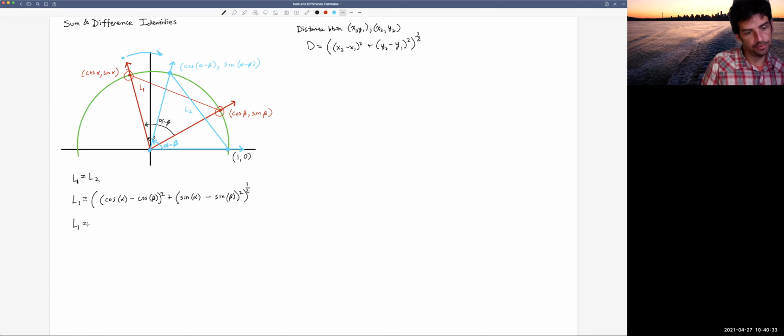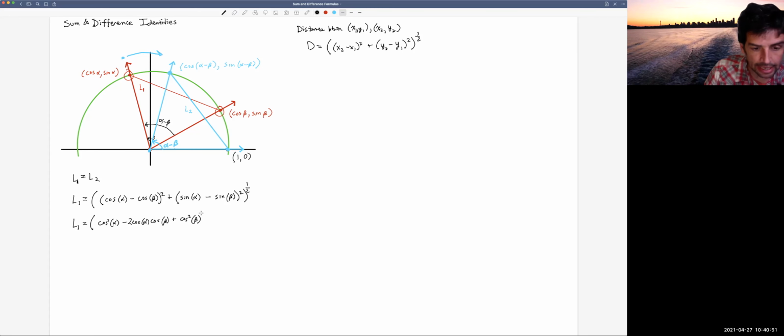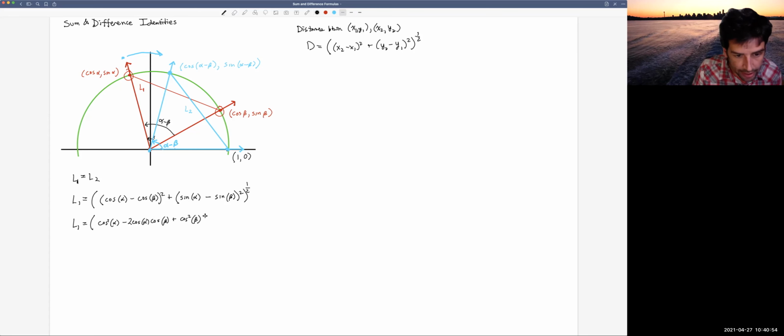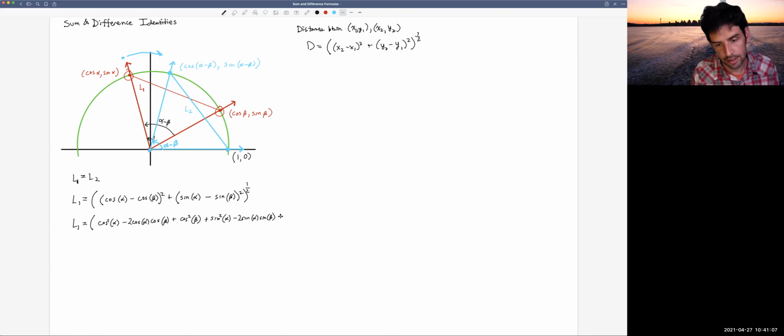So L1 will become, if I expand this thing, cosine squared alpha minus 2 cosine alpha cosine beta plus cosine squared beta. And do the same thing to the y terms, the sine terms. We'll get plus sine squared alpha minus 2 sine alpha sine beta plus sine squared beta.